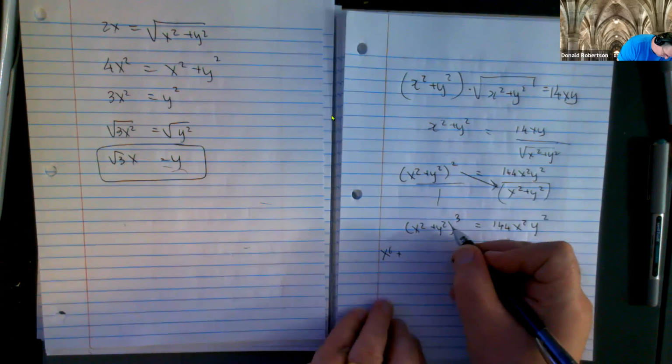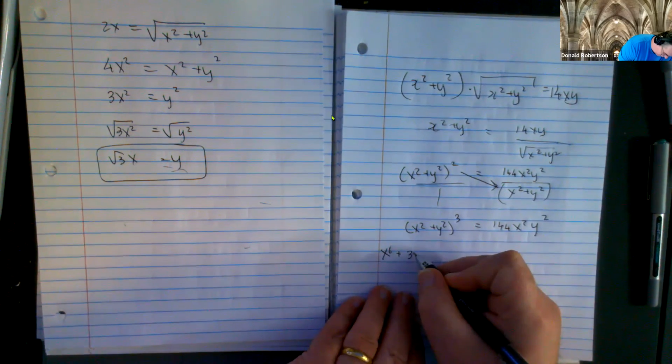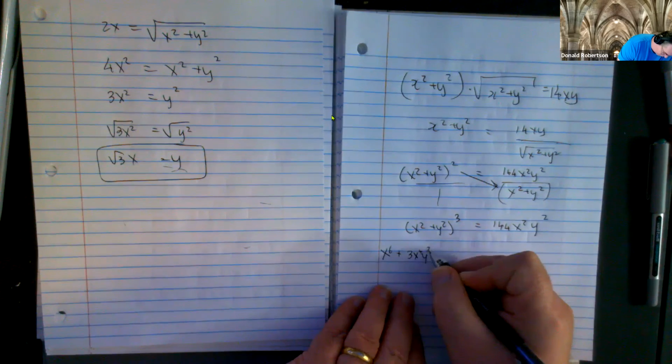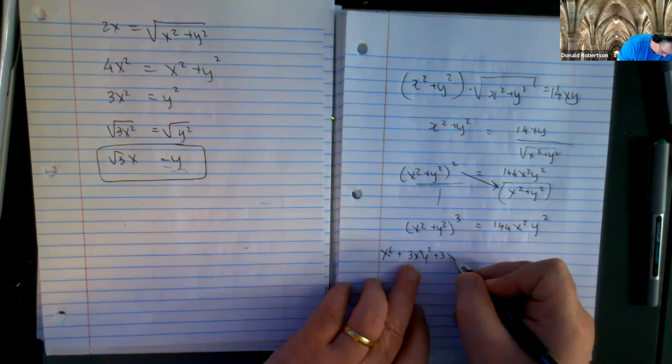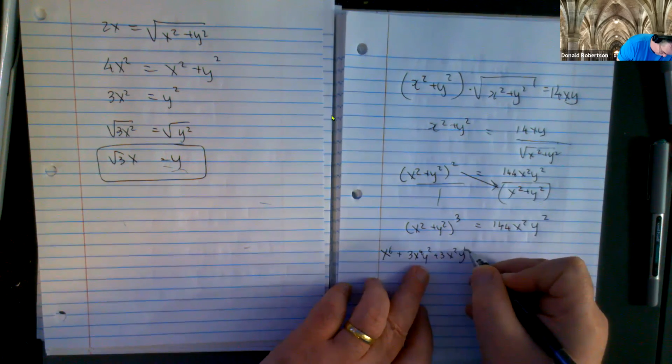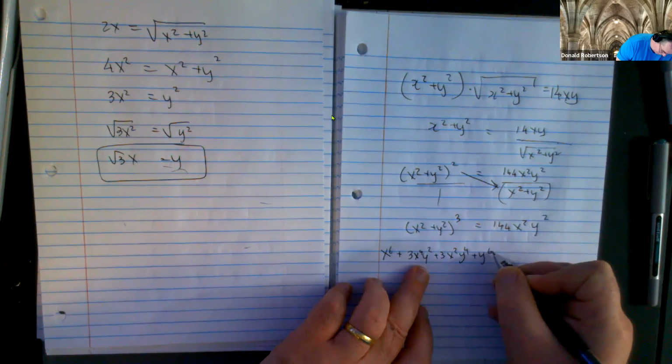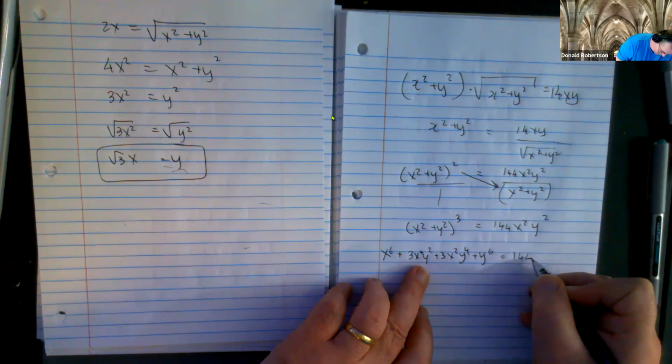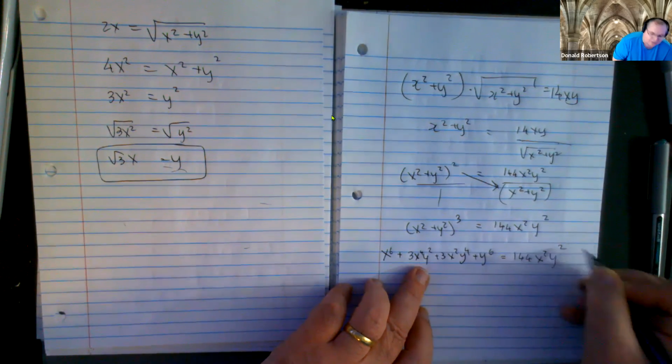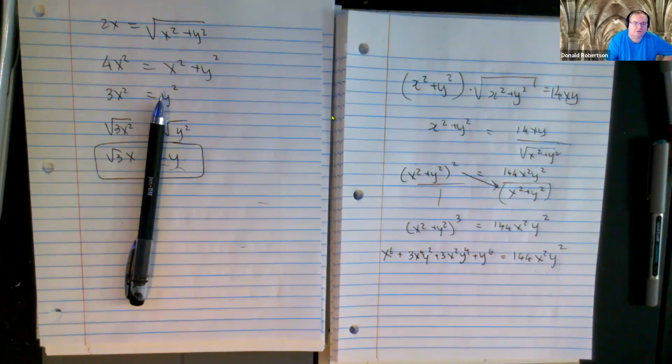So you're going to get an x to the 6, 3x to the 4 y squared plus 3x squared y to the 4 plus a y to the 6 equals 144 x squared y squared. It looks like your answer is not equivalent to what they had. Okay. So you may have picked up an r, or something went wrong somewhere.